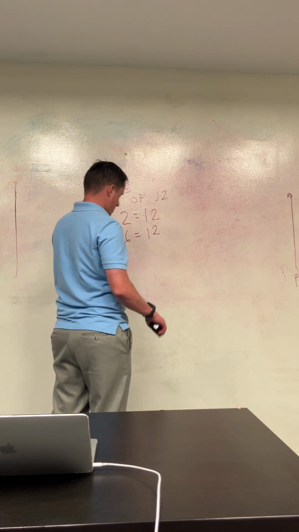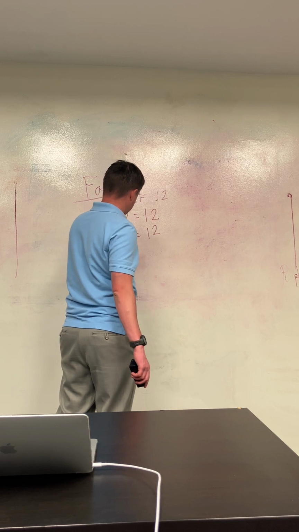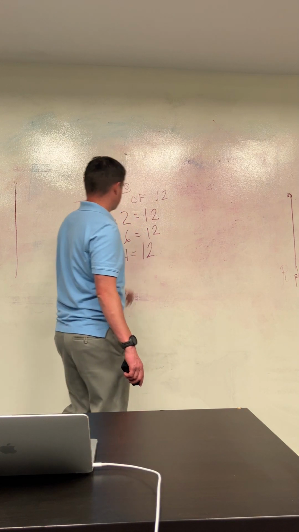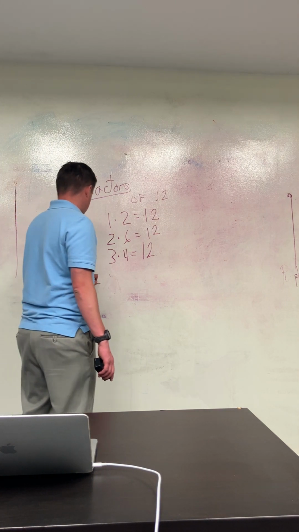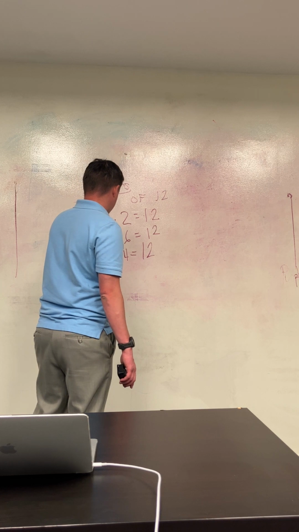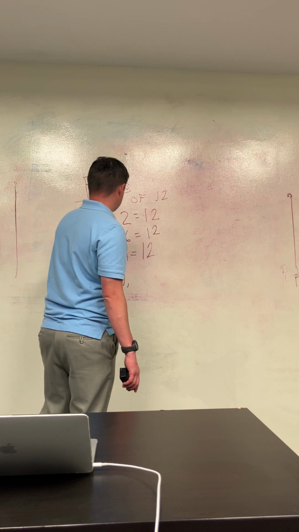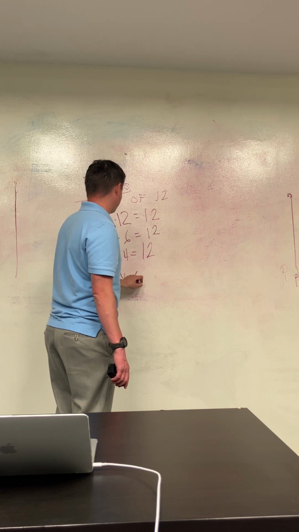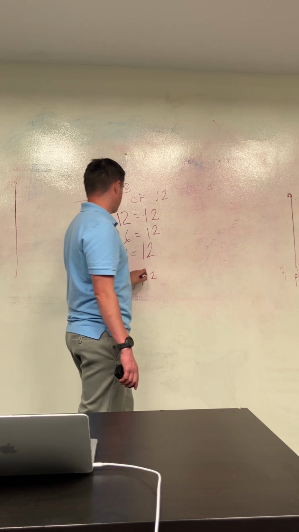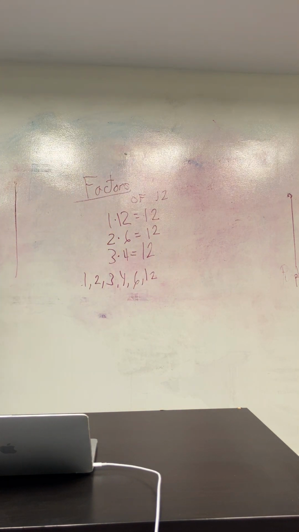We could do 3 times 4 equals 12. So if we list all the factors, it'd be 1, 2, 3, 4, 6, and 12. Those are the factors of 12.